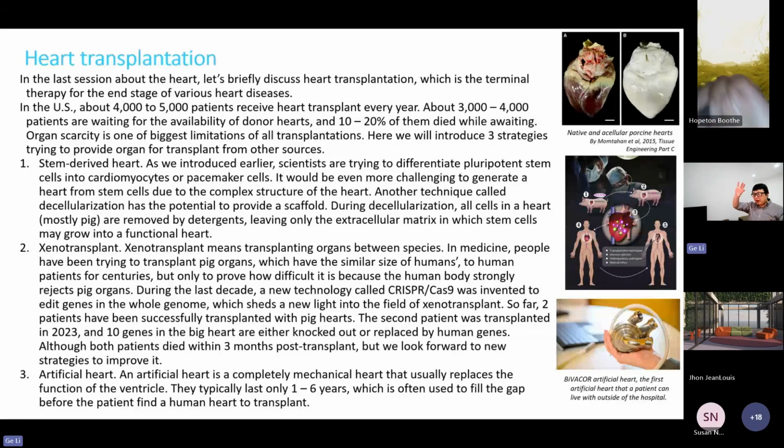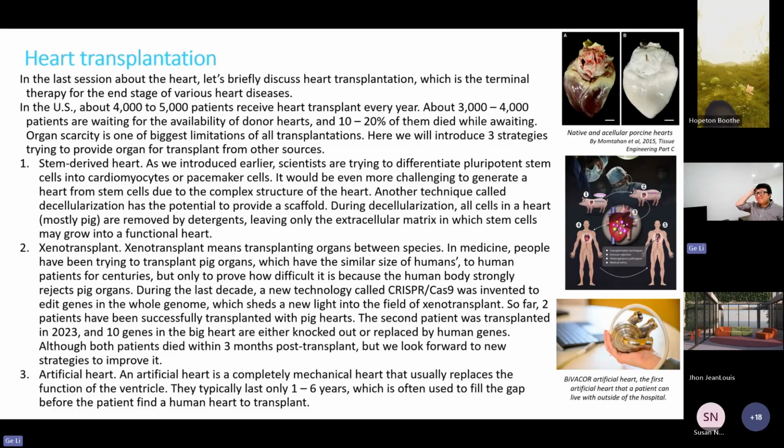I wrote here, 10 genes. In this case, they replaced 10 of the pig genes with human genes, and then they can transfer the pig heart into the human.